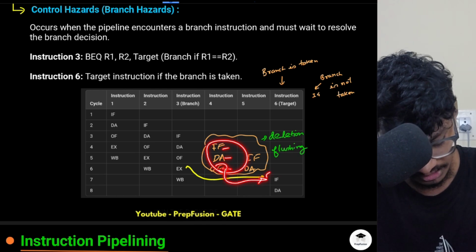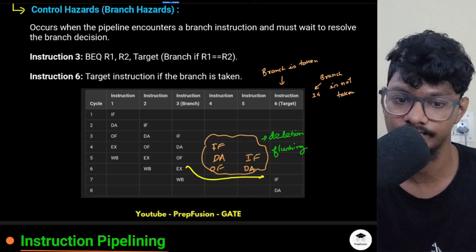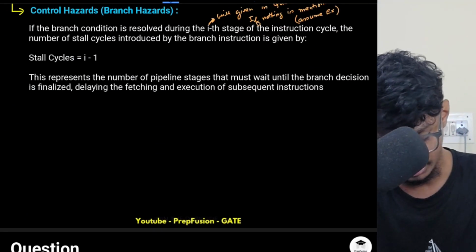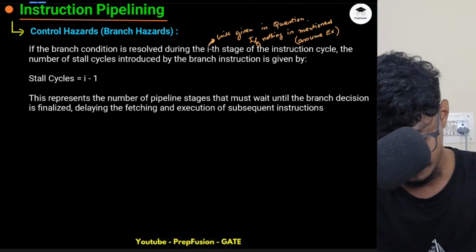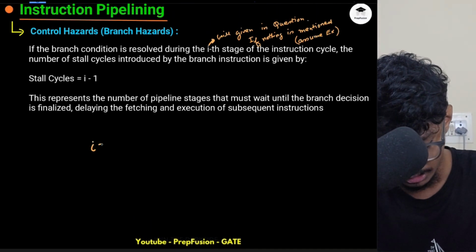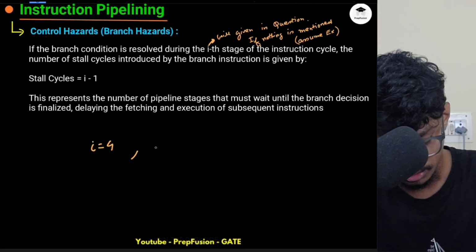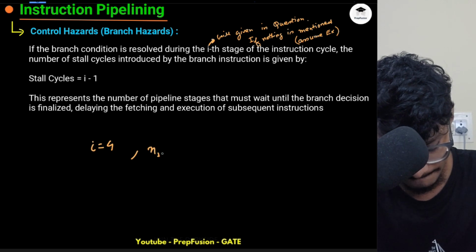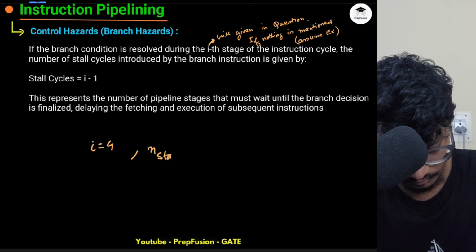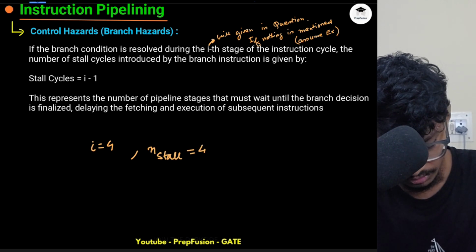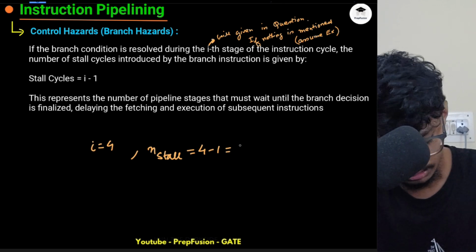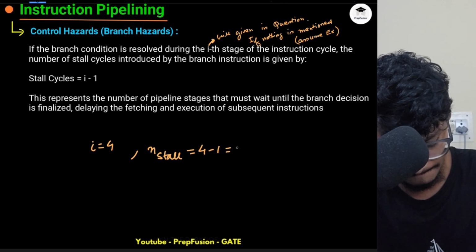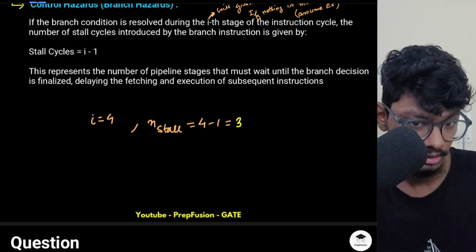Then after that, my next instruction gets fetched. So in our current example, my branch condition was getting evaluated in the 4th phase, so stalls will be 4 minus 1, that is 3. That is the case over there.